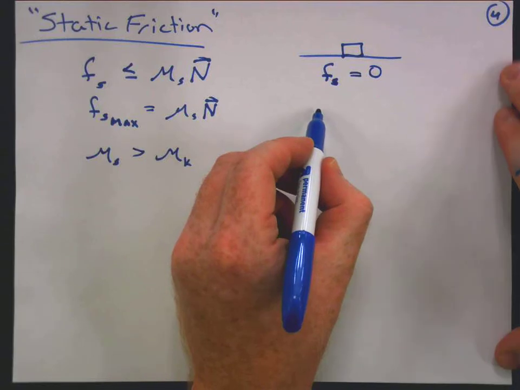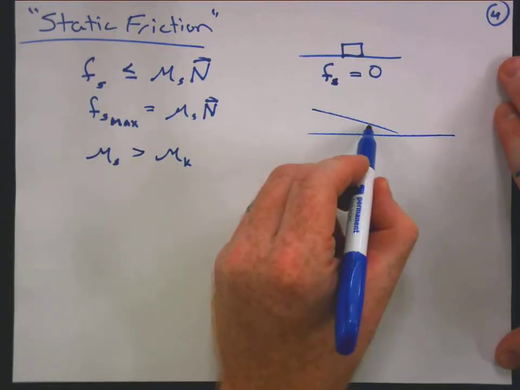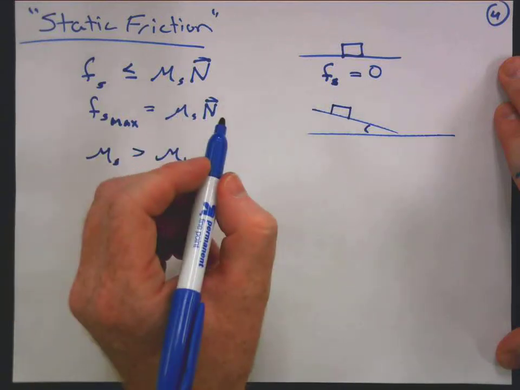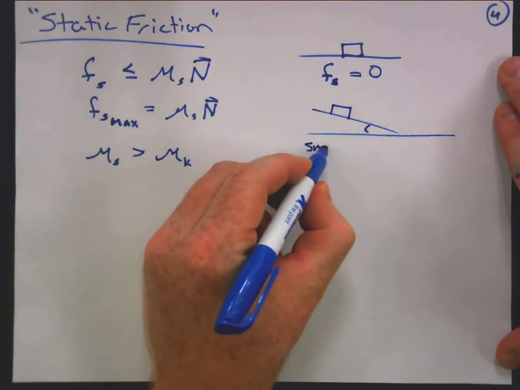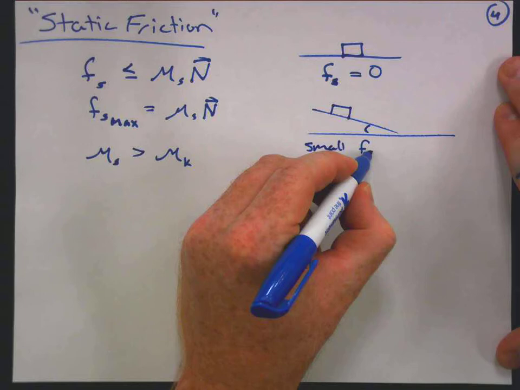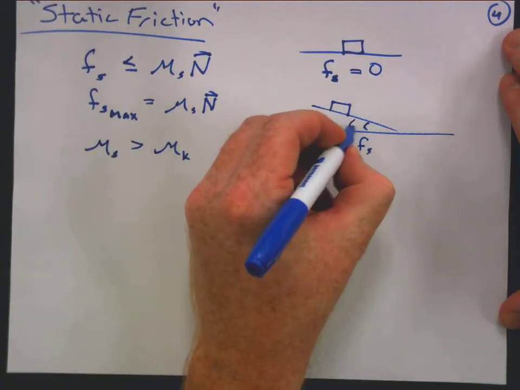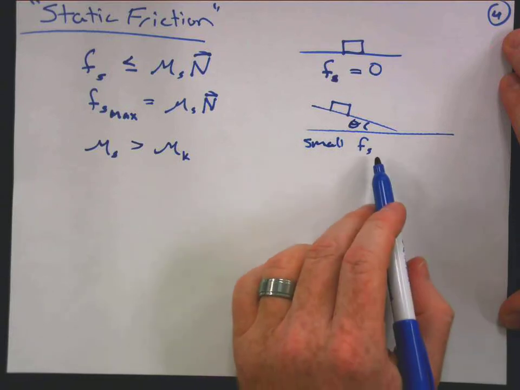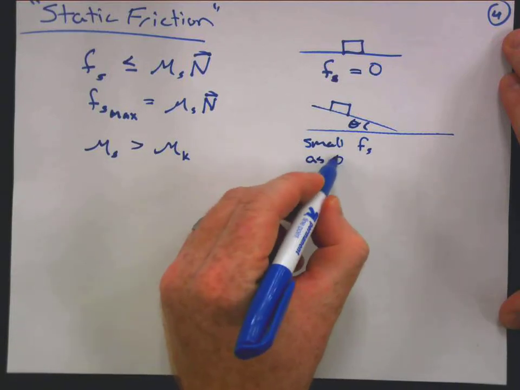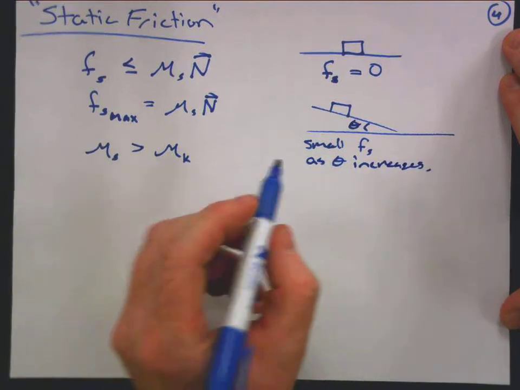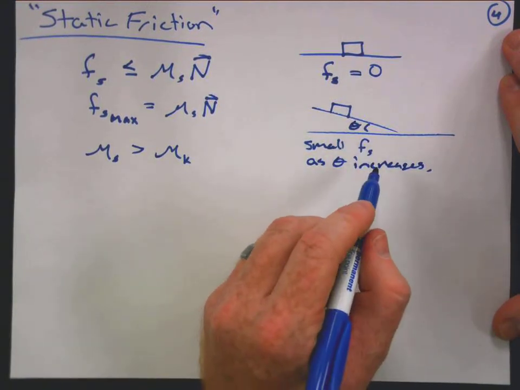But if I angle it a little bit, okay, here's an angle, and it's sitting here. Now it's not sliding yet, but there's a small static friction force. As that angle theta, I should label it something, as angle theta increases, what happens to the static friction force?